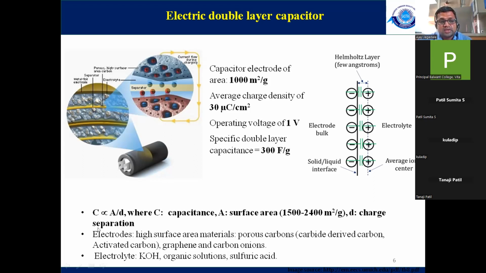So that's why the capacitance of a supercapacitor exceeds the values we get normally for electrostatic capacitors.